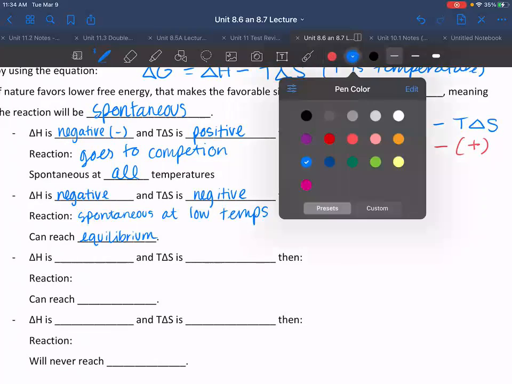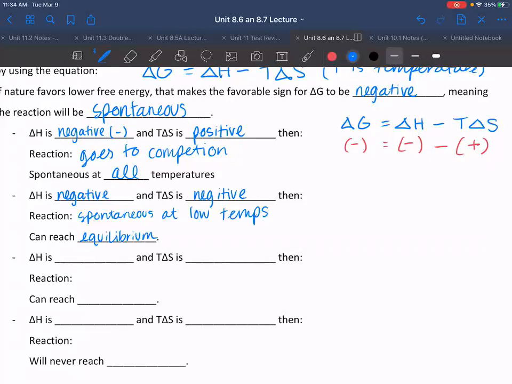And so I want to show you guys why it's spontaneous at low temperatures mathematically. So again, we're wanting this negative here. We have a negative delta H. Now, if we're subtracting a negative term, what are we actually doing?